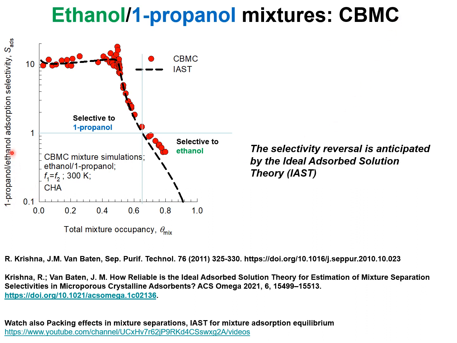The 1-propanol to ethanol adsorption selectivity is plotted here as function of the total occupancy of the gas molecules within the cage window structures of Chabazite zeolite.